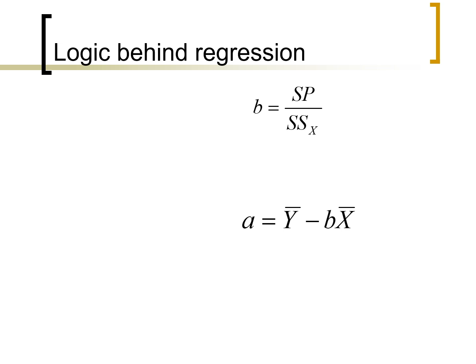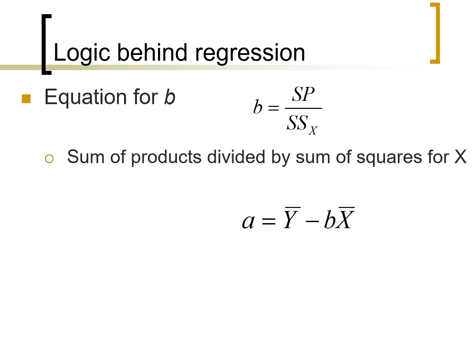So we also have another couple of components to consider. How do we get that slope? Well, first of all, we take our sum of products, and notice this is the numerator for our correlation. It's still important, and essentially it's saying the shared covariance between our two variables, predictor and outcome, over the variability of our predictor variable.